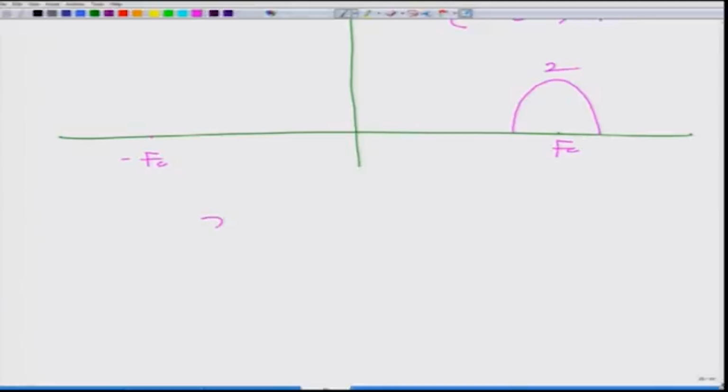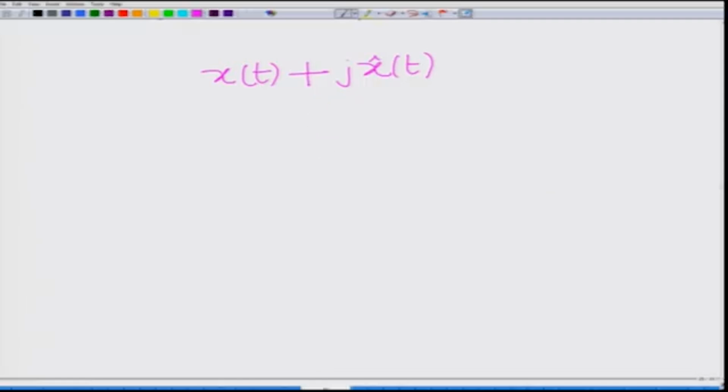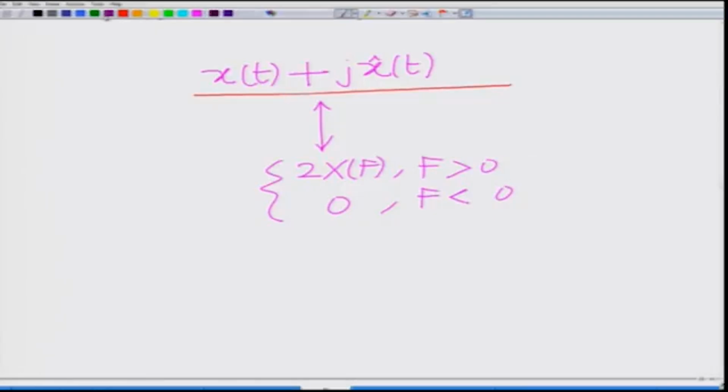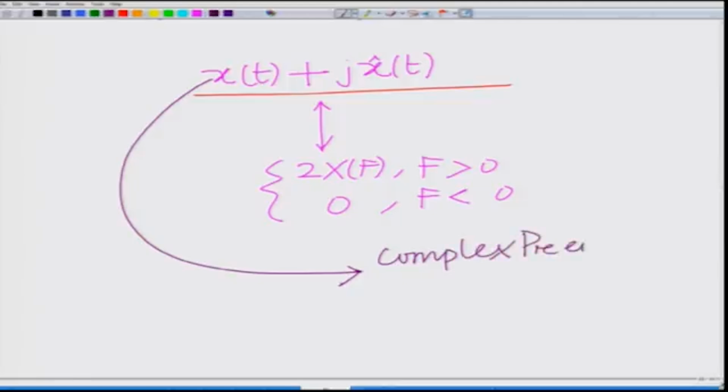So, this x(t) plus j x hat(t), which has the spectrum twice X(f) for f greater than 0, and 0 for f less than 0, is termed the complex pre-envelope of x(t).